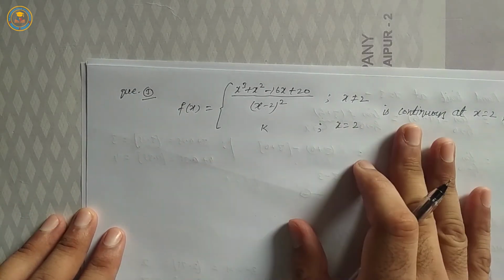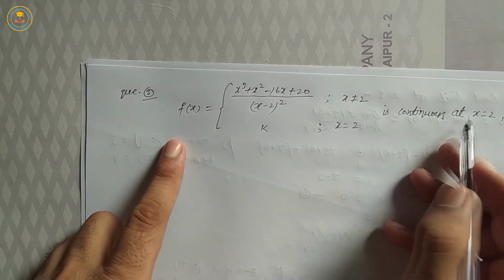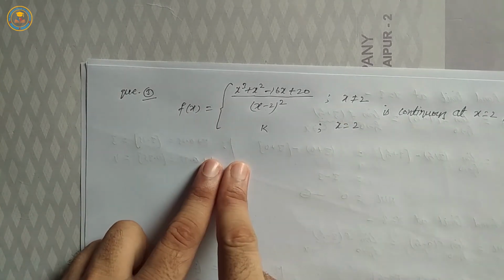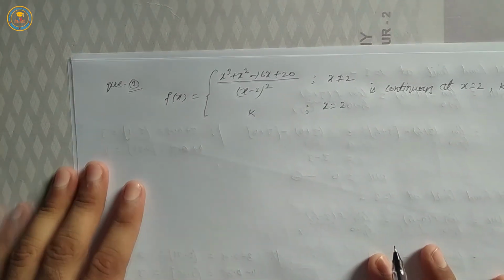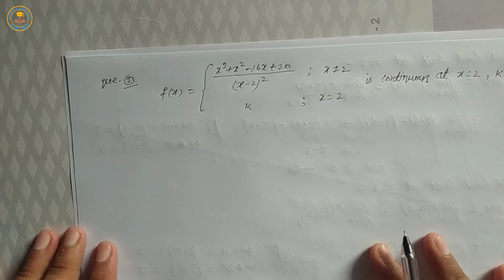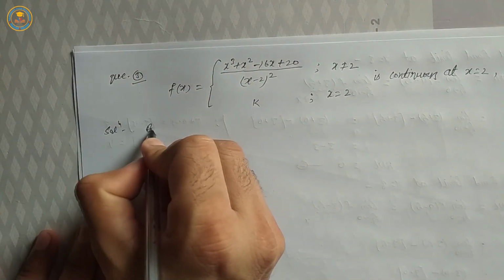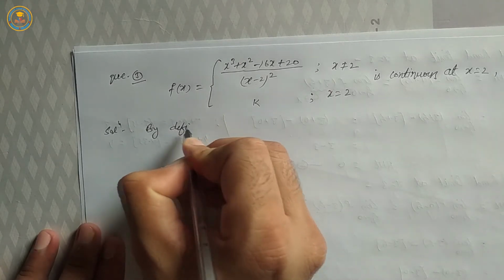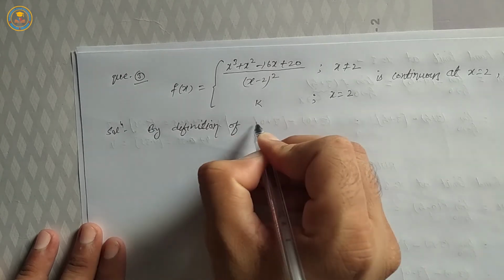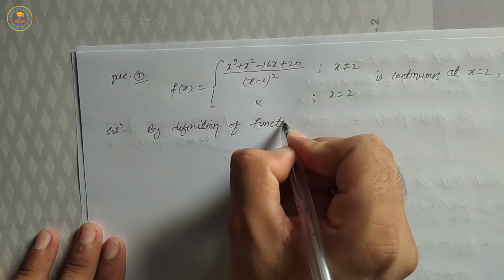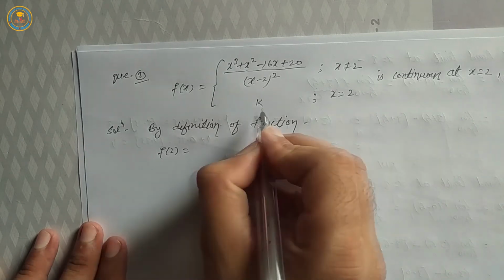Function f(x) is continuous at x is equal to 2. So f(2) is equal to RHL is equal to LHL. Okay. Solution. By definition of function, f(2) is equal to k.